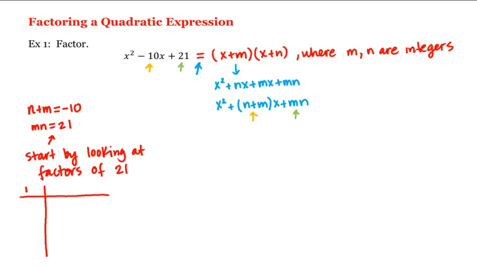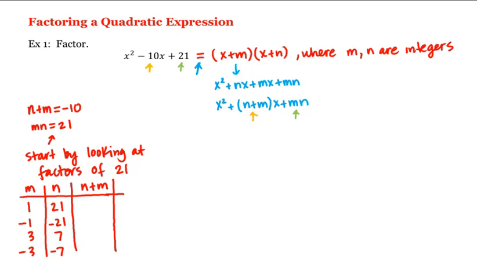So m, n, and n plus m. All right, so what are some factors of 21? We have 1 and 21. We have negative 1 and negative 21. We have 3 and 7, and negative 3 and negative 7.